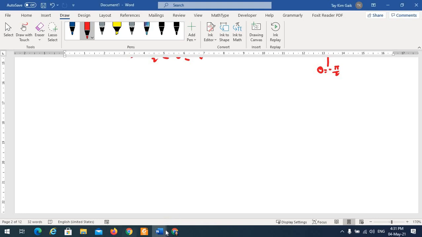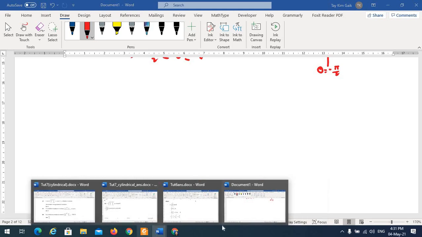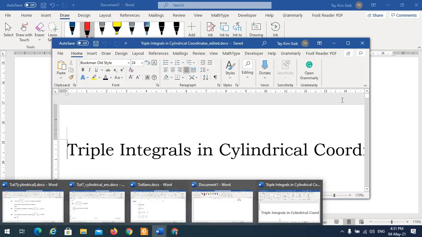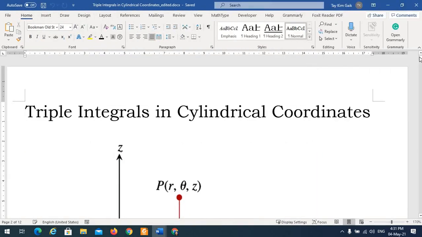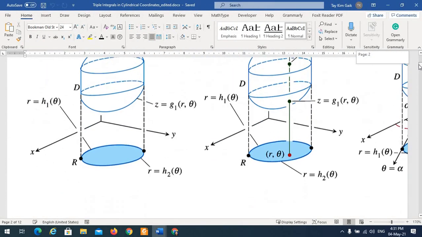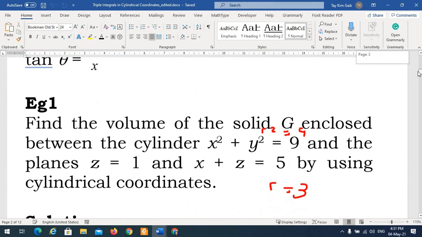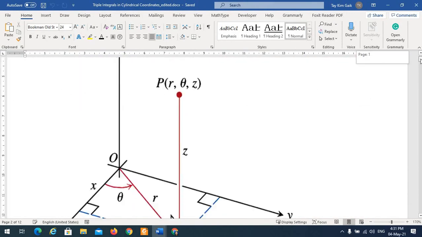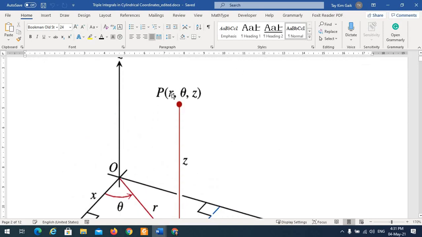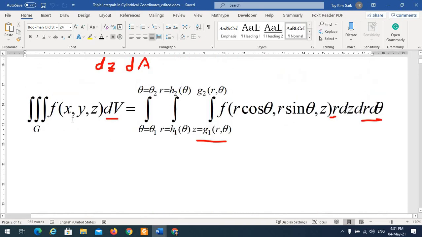Theta, because you have the fourth and the first quadrant. First of all, this is a cylindrical coordinate, r theta z. x changes to r cos theta, y changes to r sin theta, z maintained. For dv, we maintain z because the solid is parallel to the z axis.